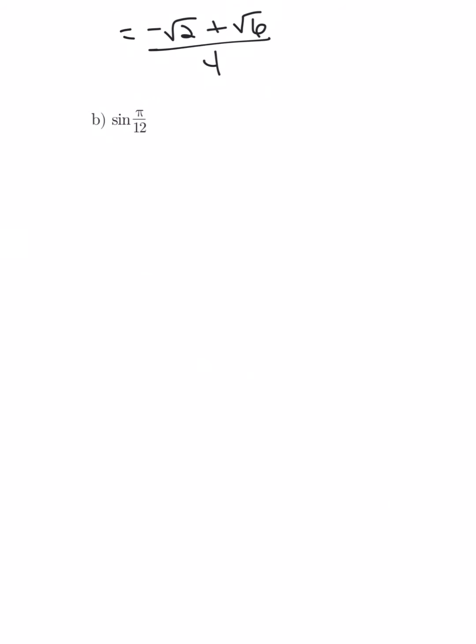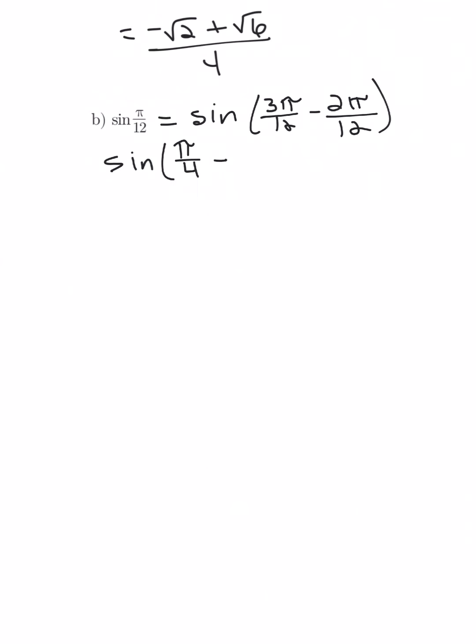So I am going to rewrite this as the sine of 3 pi over 12 minus 2 pi over 12. Now, putting it in the simpler form, it would be pi over 4 minus pi over 6.